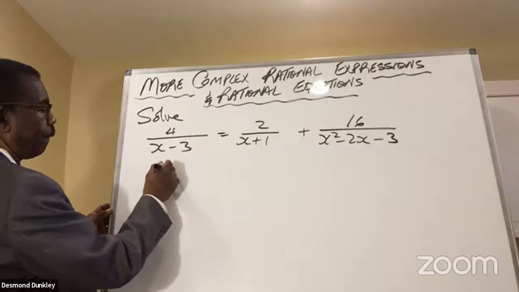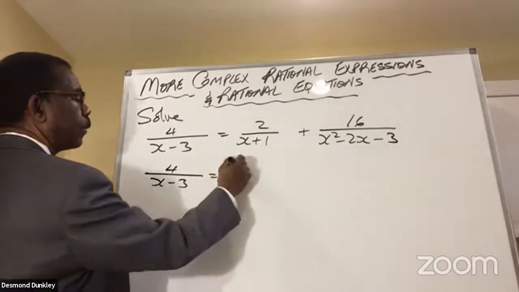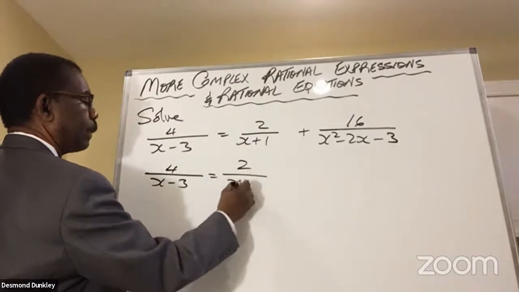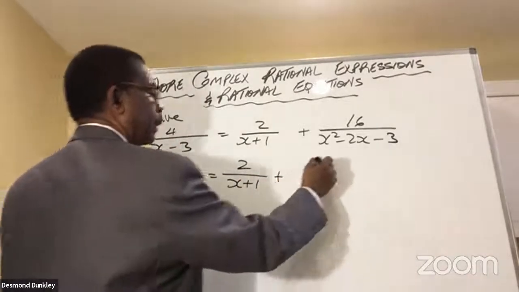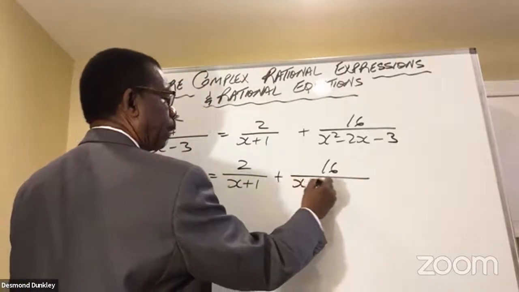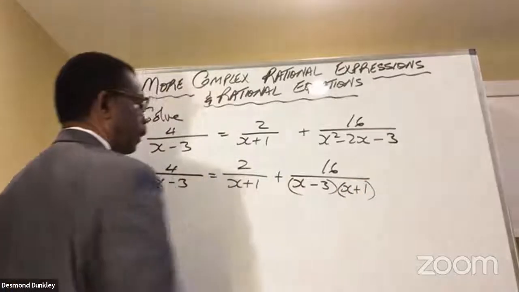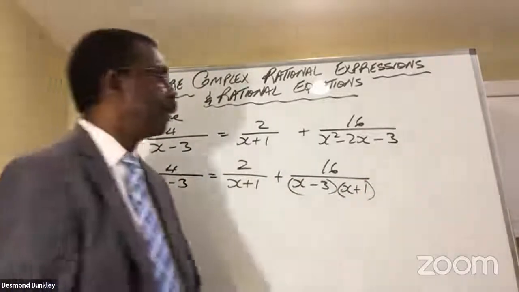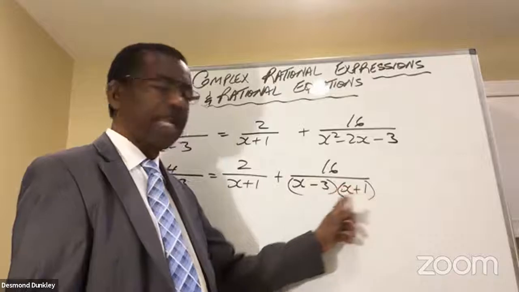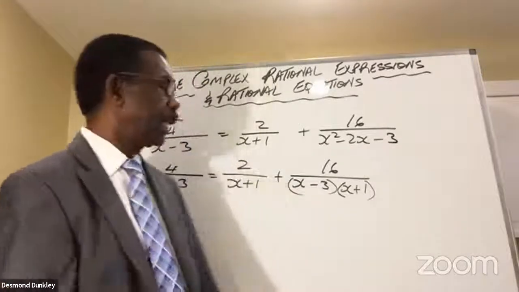What do we have? 4 over x minus 3 equal to 2 over x plus 1 plus 16 over x minus 3 times x plus 1. Again, if you're in doubt, you can multiply this out, expand this, simplify, and I guarantee you that's what you get.